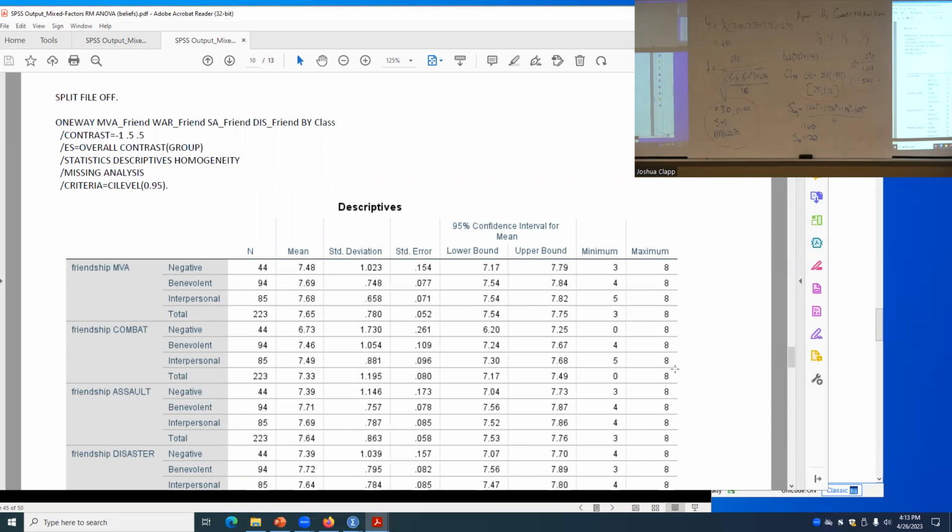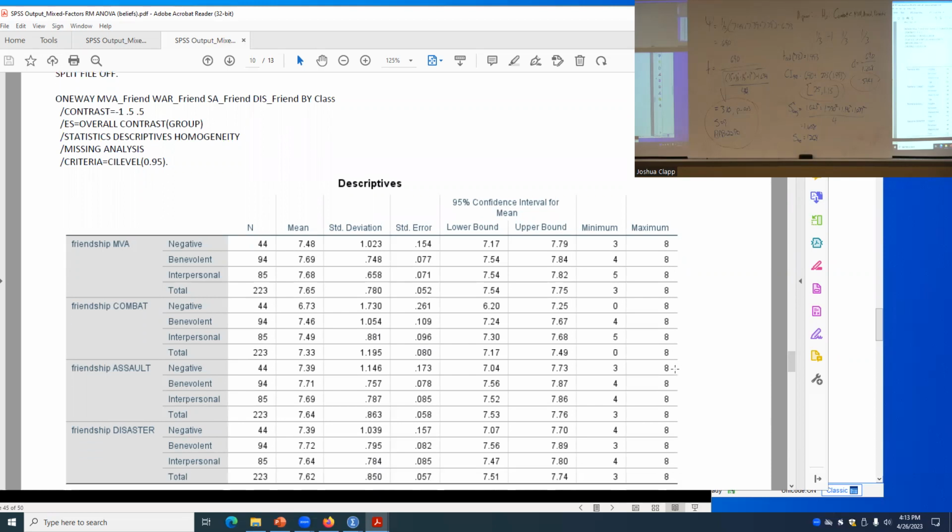So I turn my split file off and then I'm just running a one-way ANOVA for each one of these by class, setting up my contrasts, -1, 0.5, 0.5. That contrasts my negative group versus the combination of my other 2 groups. Going through and running this, SPSS just spits this out for me, right?